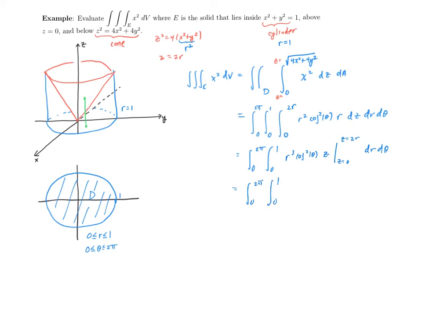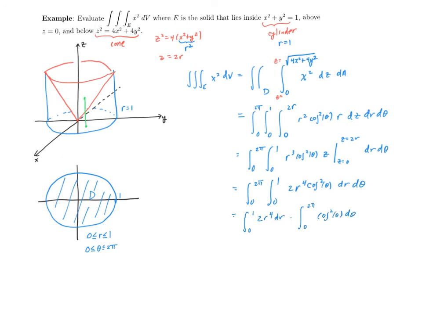Now note, when you substitute in z equals 0, you get back 0, so we would be left with 2r to the 4th times cosine squared theta, which is a very familiar double integral. Note, it's the ideal scenario. We have limits of integration, which are all constants, and our integrand function separates into a function of r times a function of theta. So we could make this a single integral over r multiplied by a single integral of theta.